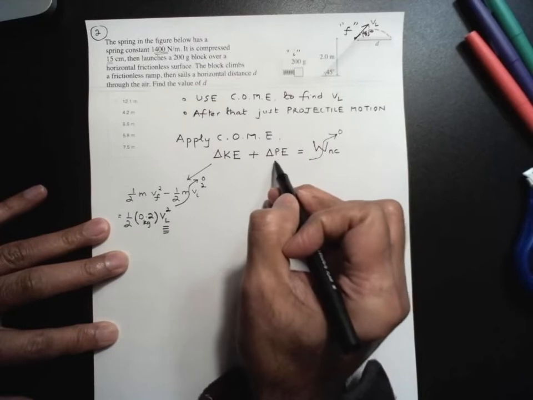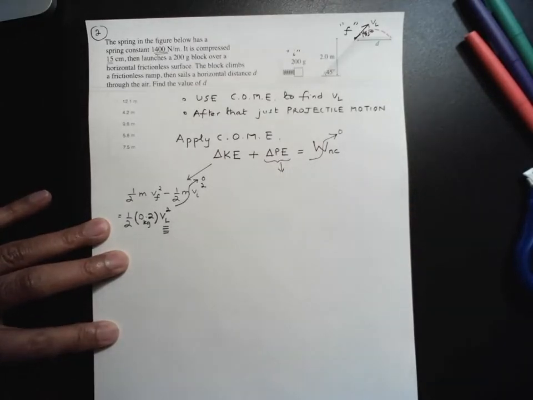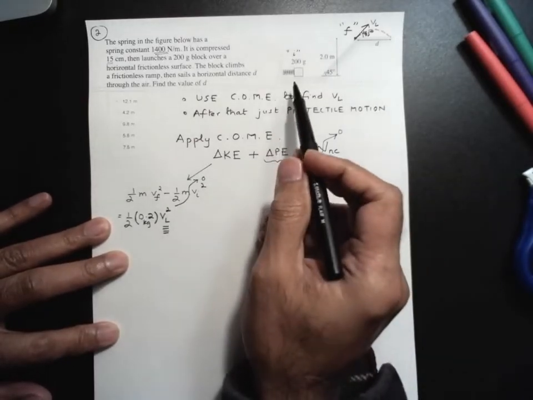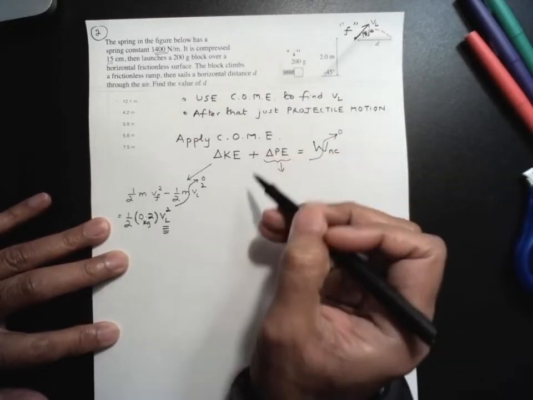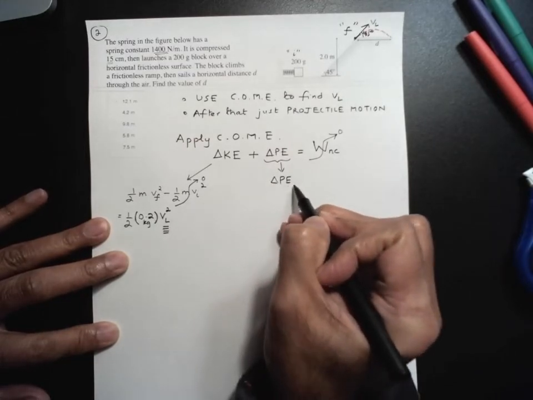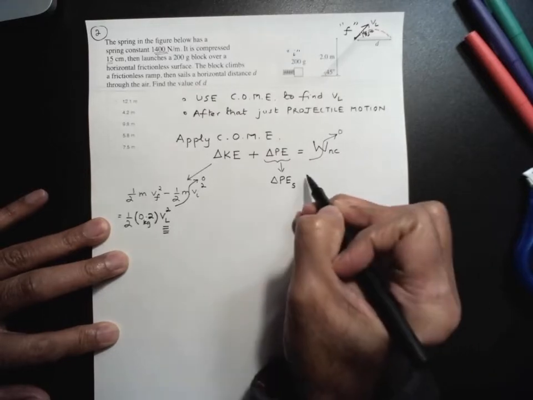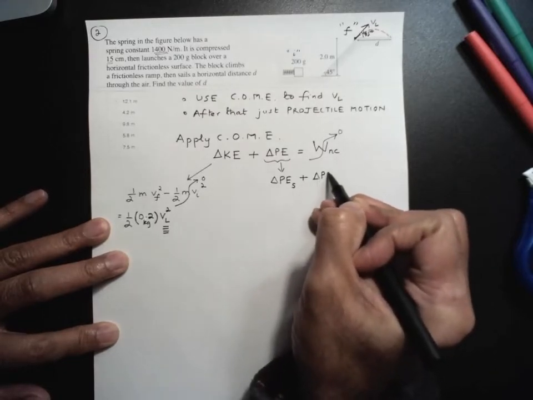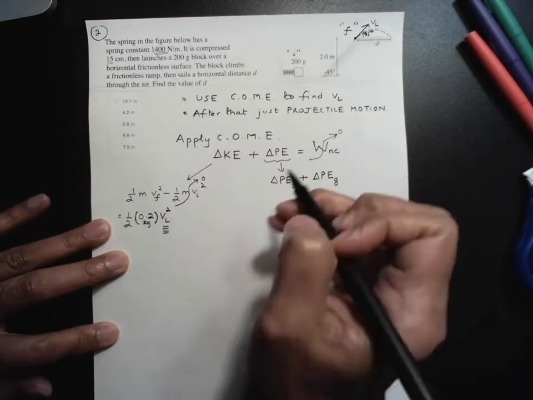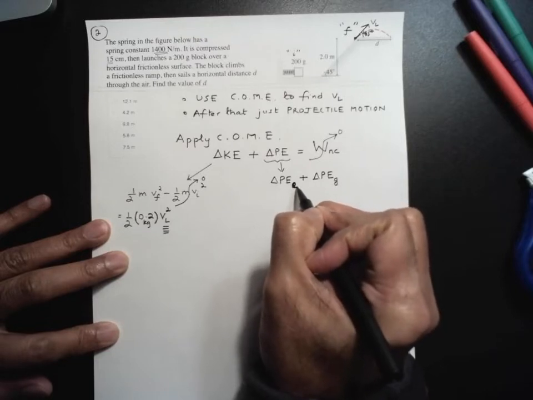And then what about the potential energy? Well, the change in potential energy, there are two kinds of potential energy in this problem, and that's always the case when you have a spring in the problem. You have a potential energy elastic, plus there is the potential energy gravitational.